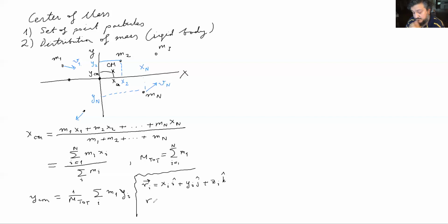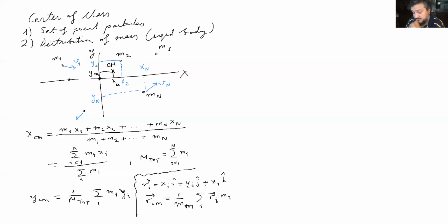Okay, then the center of mass coordinate is also given by this position vector: 1 over the total mass times the summation over i of ri times mi. Okay, it's just a formula.